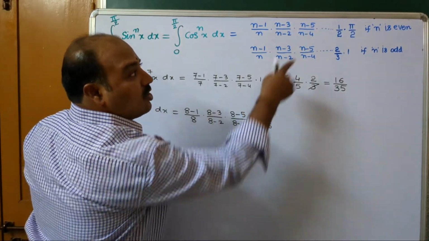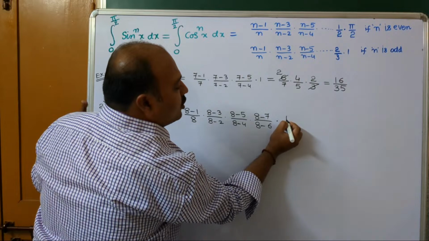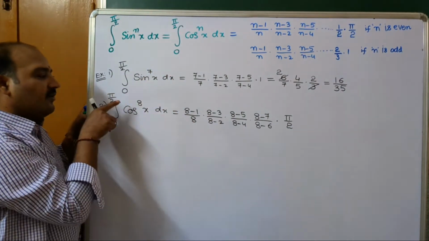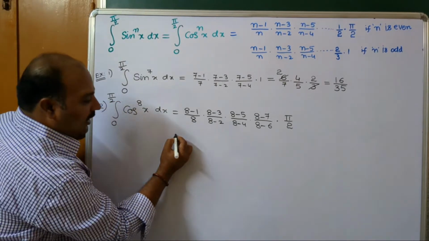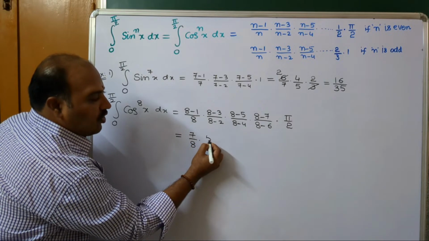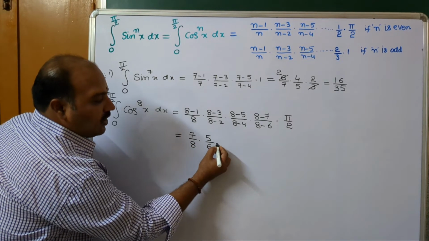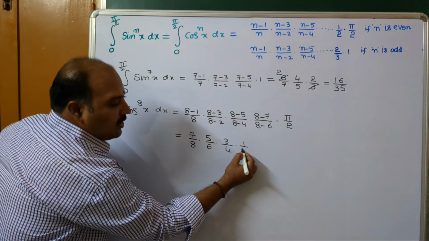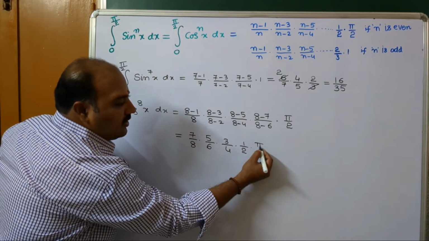So 1 by 2. Whenever you are getting 1 by 2, what you should do? Multiply with pi by 2, whenever it is an even number. So calculate 7 by 8 into 5 by 6 into 3 by 4 into 1 by 2 into pi by 2.